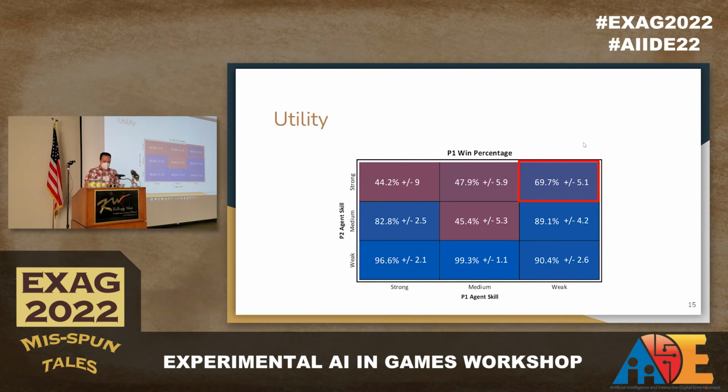One interesting area that didn't quite match the expectations was strong versus strong, medium versus medium. We found that the way these agents differed from each other was that the stronger it was, the less likely it seemed to make the new units, and the weaker it got, the more tendency it had to. We attribute that to the evaluation functions.